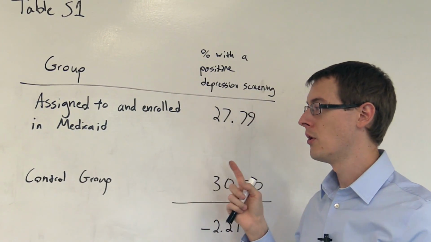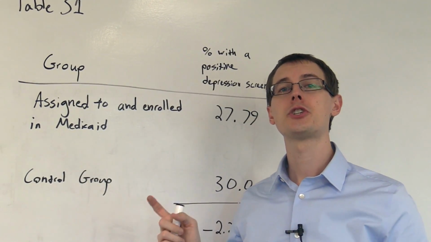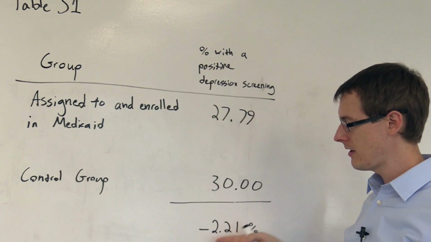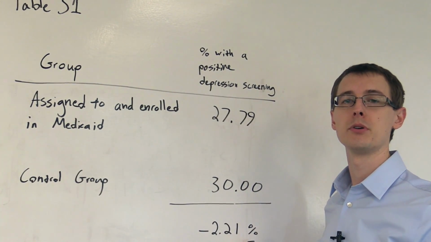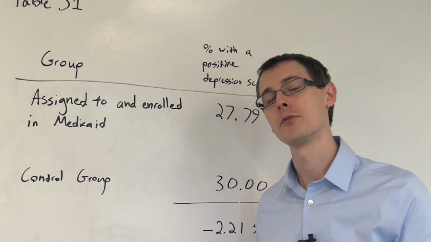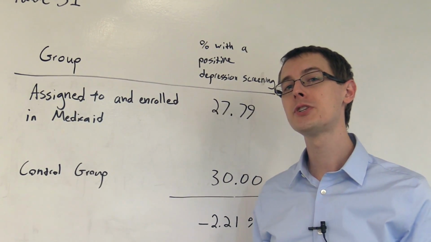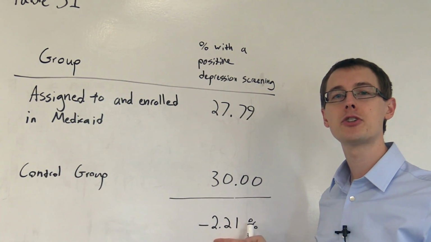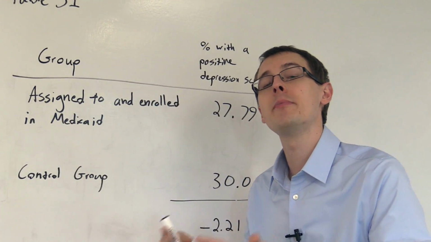Remember before when we did the intention to treat analysis, we just looked at the difference between these 2 numbers and got minus 2.21% as our average treatment effect of having the option of enrolling in treatment. And if we assumed random compliance, this would also be our average treatment effect of actually receiving Medicaid.